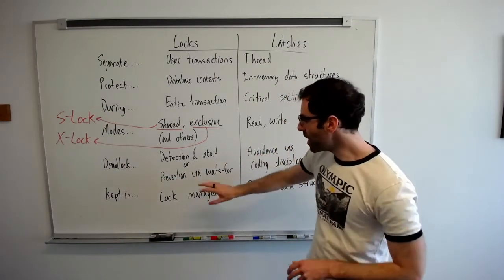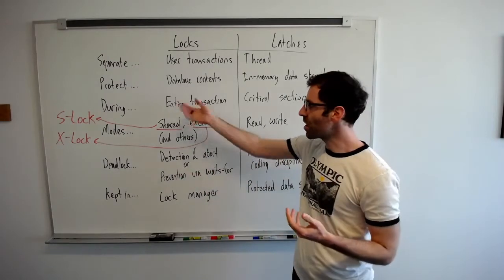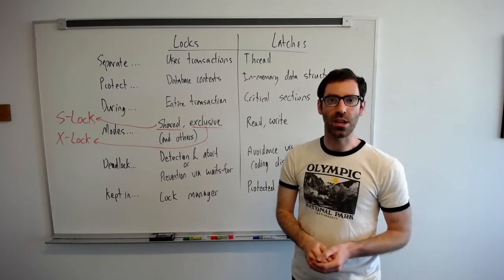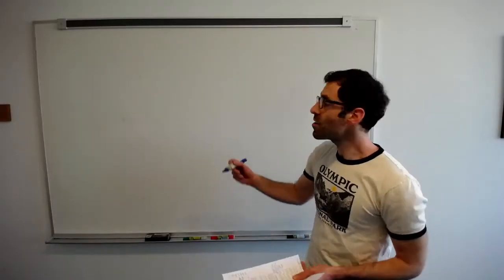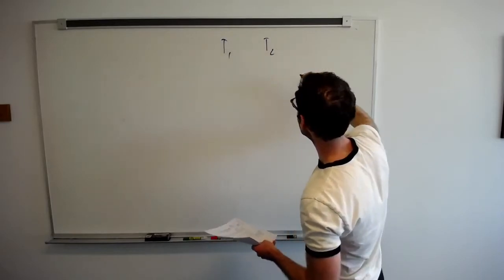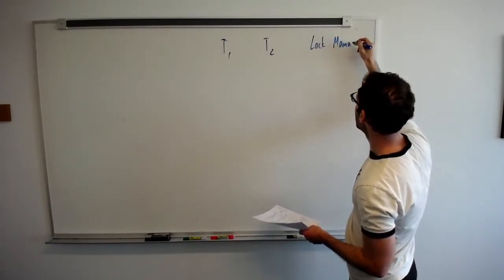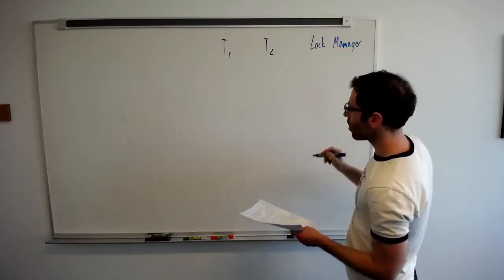So, speaking of this lock manager, I want to start out with just an example of how these locks interact with the lock manager. All right, so in this example, we have our transaction 1, our transaction 2, and our lock manager.